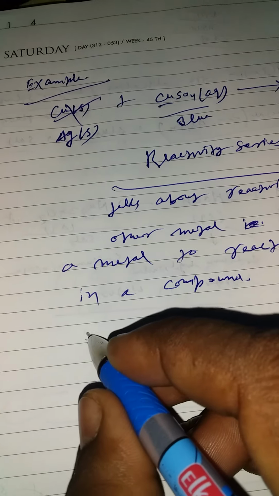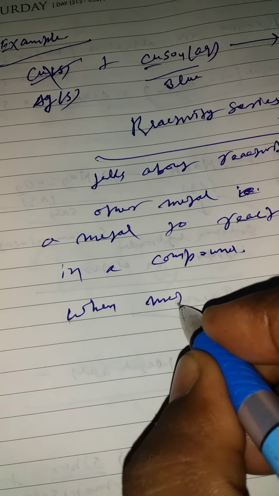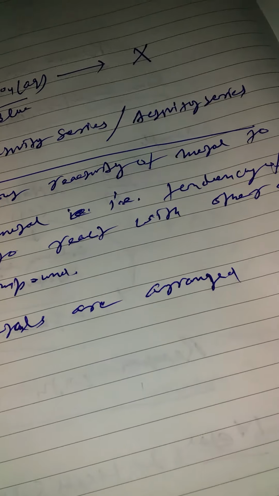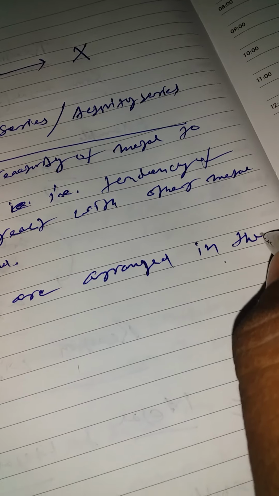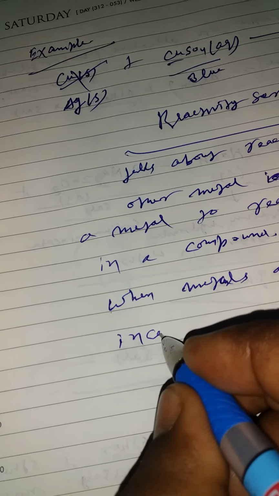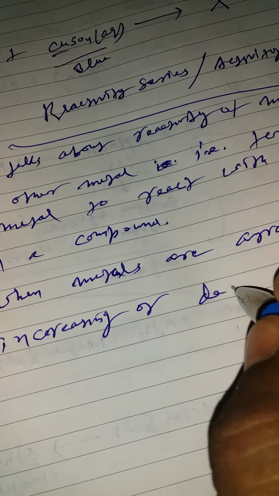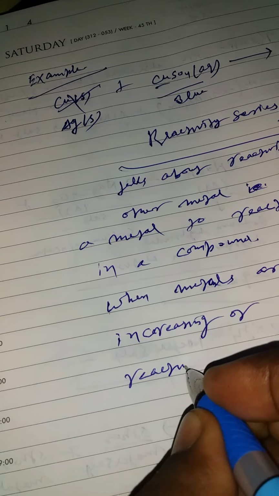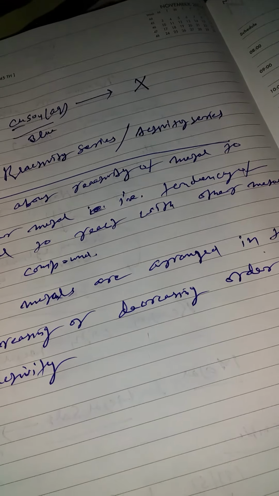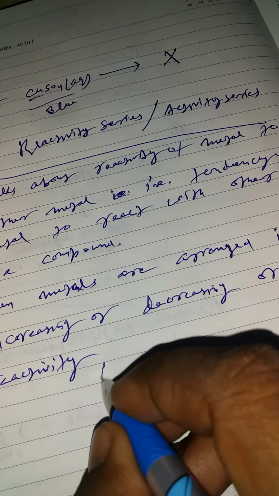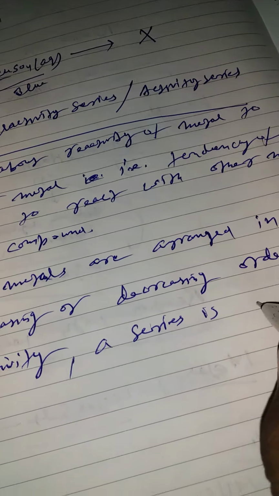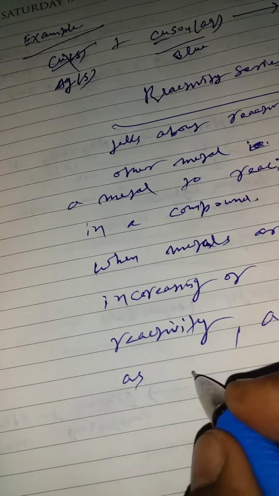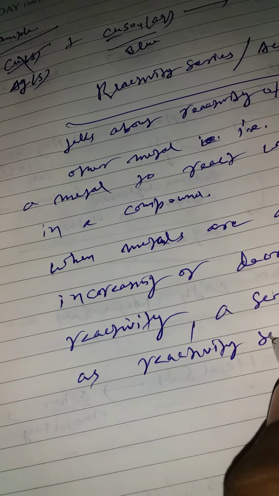So students, when metals are arranged in their increasing or decreasing order of reactivity, a series is obtained known as reactivity series.